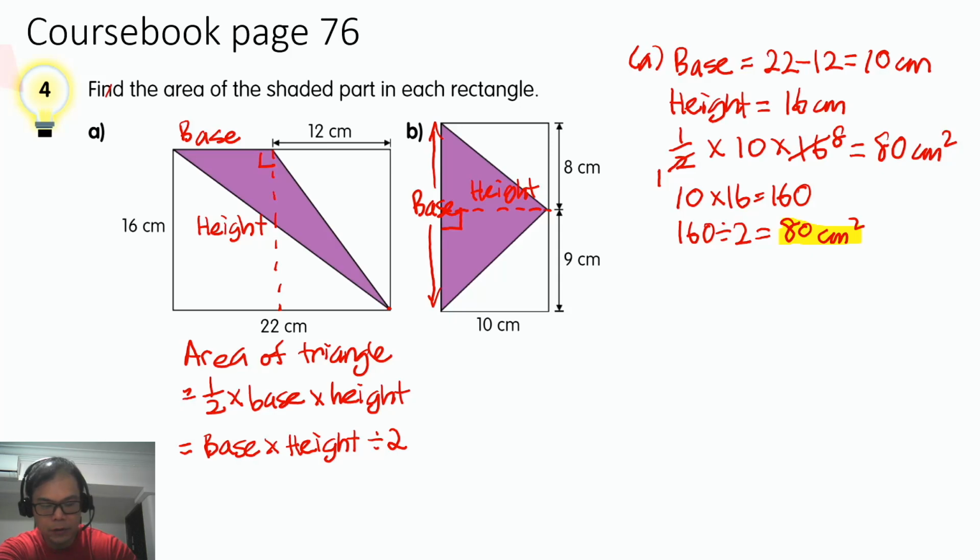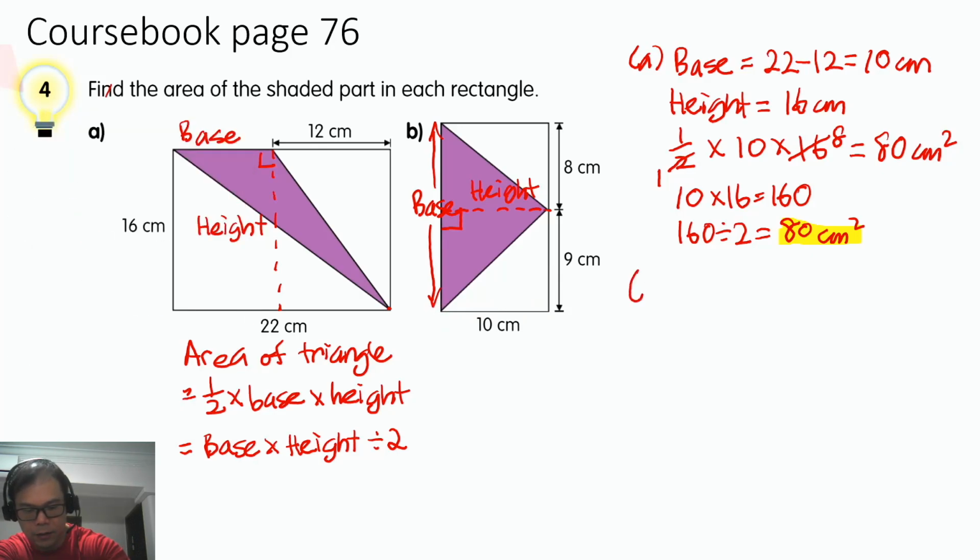In this case, you see that the base of this triangle is the same as the length of the rectangle, and the height is the same as the width of the rectangle. So very easy.